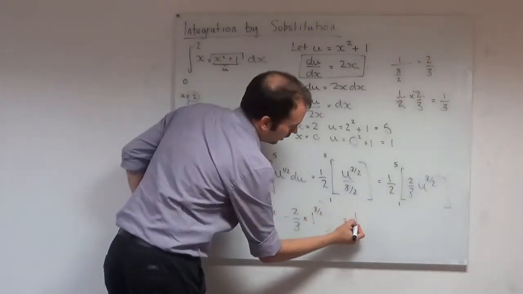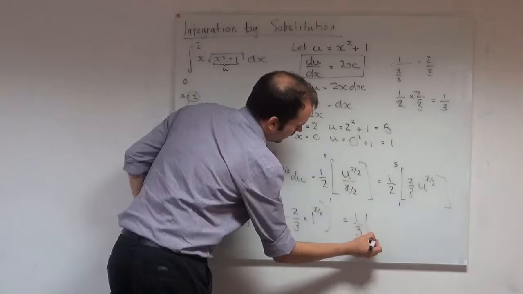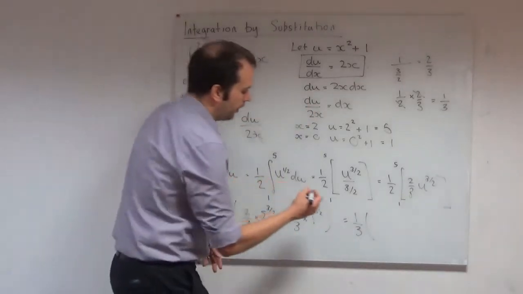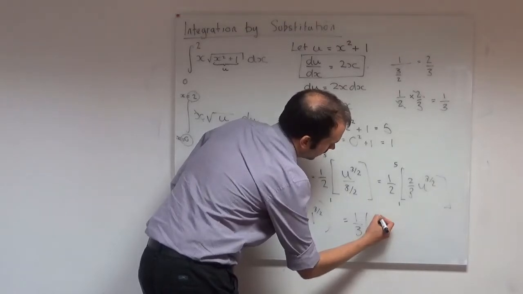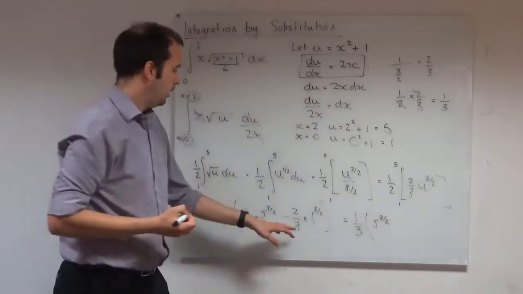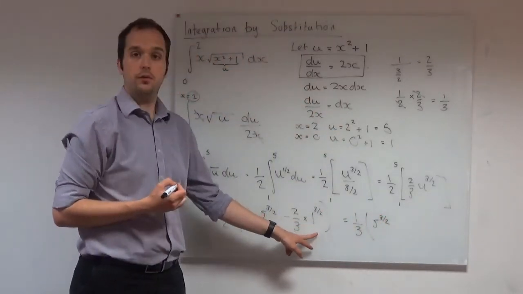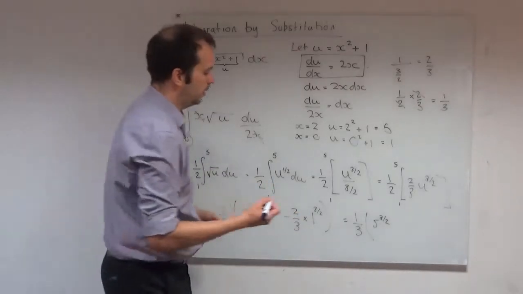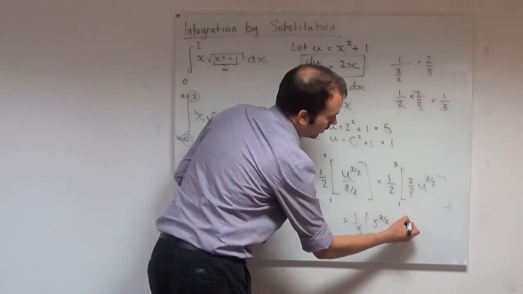So I'm going to have 1/3. And then within my bracket I've got 5 to the 3 over 2. And then I have 1 to the 3 over 2. But 1 to any power is just 1. So I'm going to have a minus 1 there.